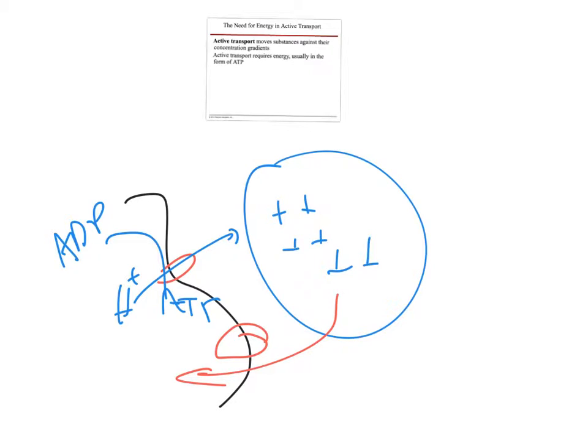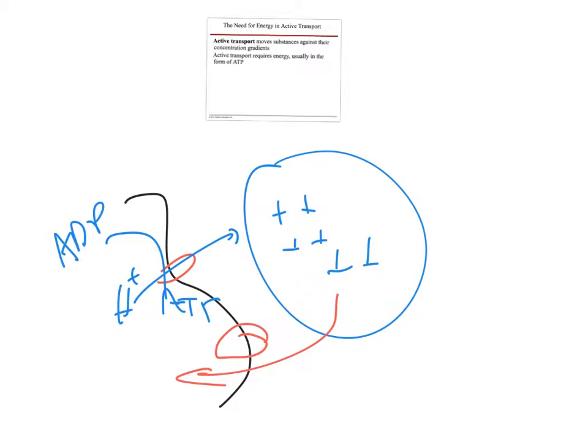I'm confused as to why they would go out and then back into the cell. It's a good question. Seems inefficient, right? But if you depend upon this to drive another protein, then that's why it's done.